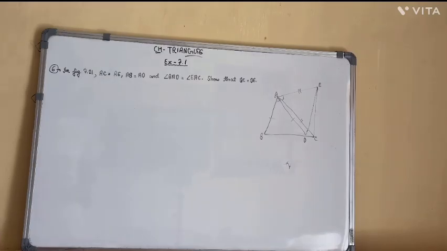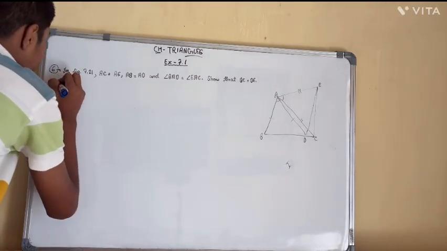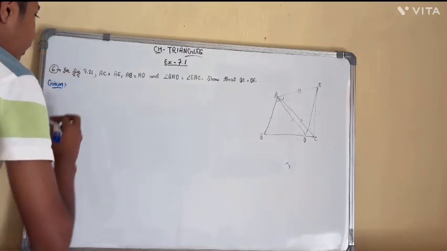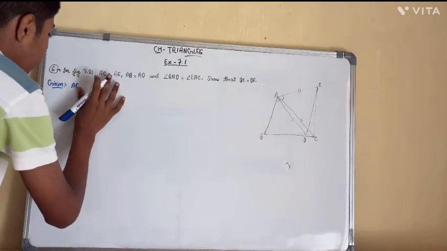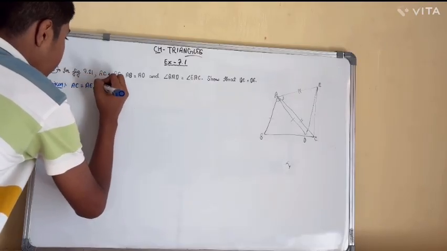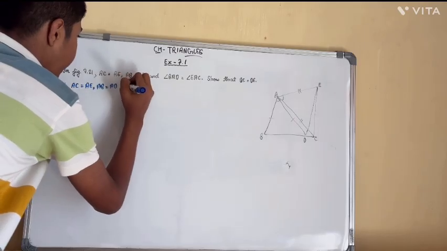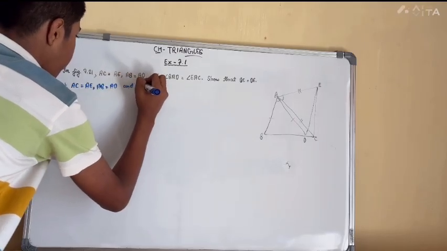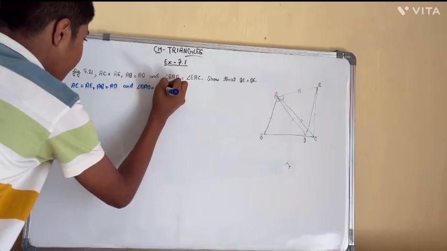So firstly, as I told you in the previous question also, what do we have to write firstly? Given. So I am writing here given. What is given? AC is equal to AE, AB is equal to AD, and angle BAD is equal to angle EAC.